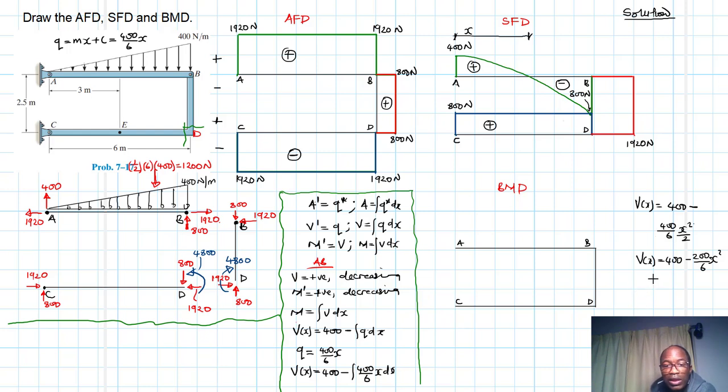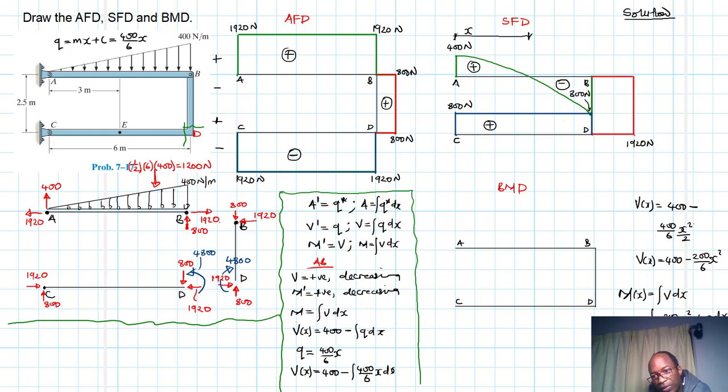Once we have this section, we know that our moment is just the area under this function. So now let's find the moment. Moment as a function of x is equal to the integral of v dx, which is the integral of minus 200 divided by 6 x squared plus 400 dx.